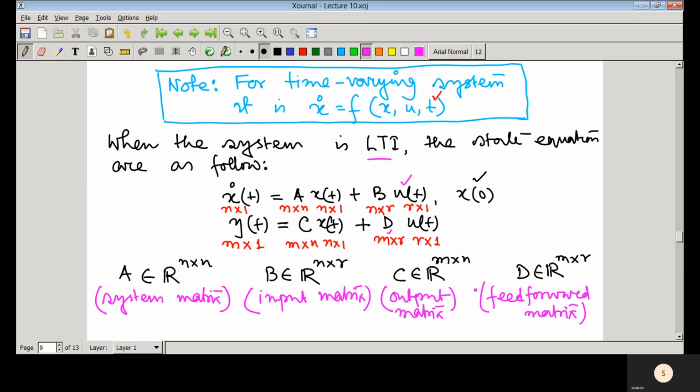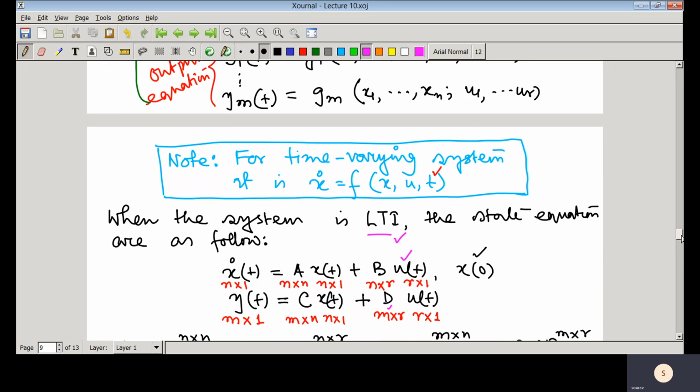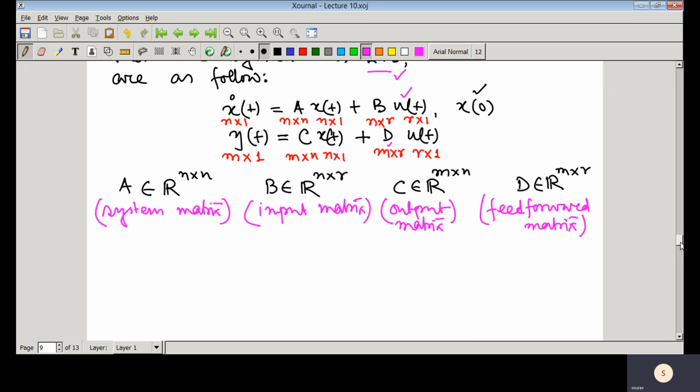So now we can see here that if the system is a linear time invariant system, we can represent those state equation and output equation in matrix form, and these are the dimensions of that matrix. Now we'll see that if a system is described in state space form and we have a linear time invariant system, the state space can be represented in matrix form.